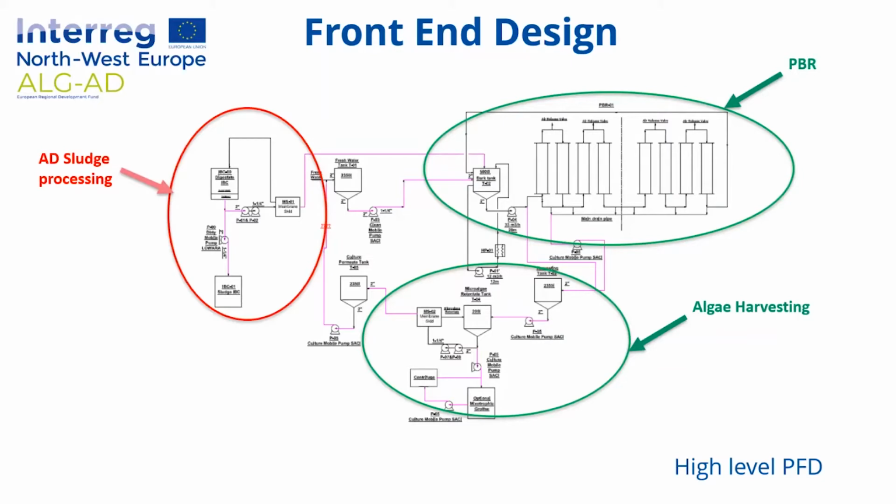So that was sludge processing essentially to recover the nutrients that we need in order to feed the algae itself. On the top right-hand side in green, you can see the photobioreactor itself. That's obviously where we grow the algae. And then once you've grown the algae, you then need to harvest them and concentrate them. And that's what's at the bottom of the screen. So this is an overall process flow diagram of what we built and installed at the Langage facility.